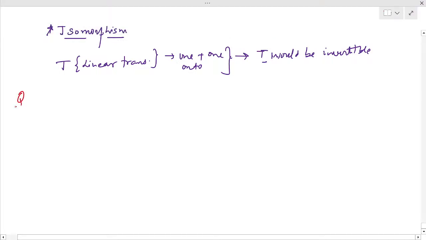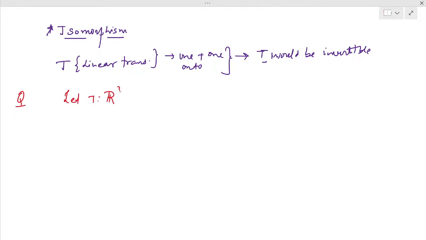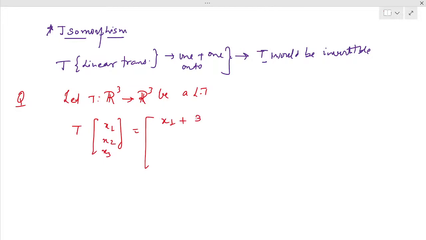See, let's take that example only. Let T be defined from R cube to R cube. Let us say this is a linear transformation defined by the formula, I think this was the formula: x1 plus 3x2 minus 2x3, 2x1 plus 3x2, and x2 minus x3.